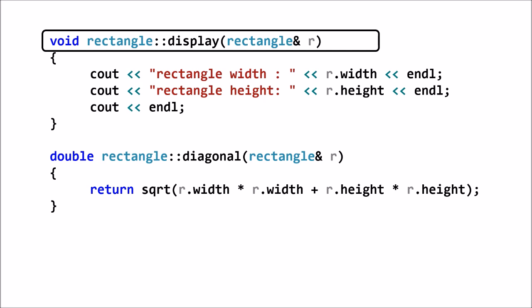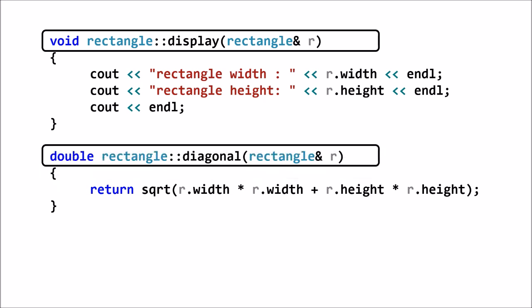The name of the class is rectangle, then the double colon, and the name of the function is display. I want to display the attributes of the rectangle objects, and it takes as a parameter the address of a class rectangle object, and the local variable name for that object is simply r, lowercase r for rectangle.